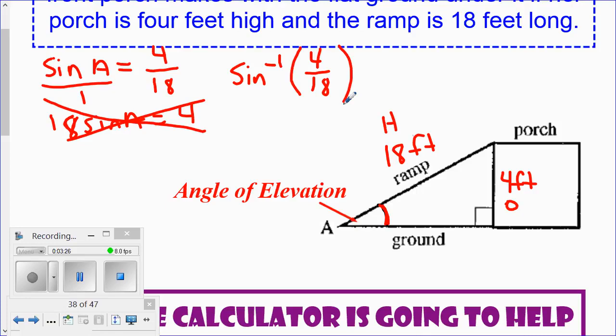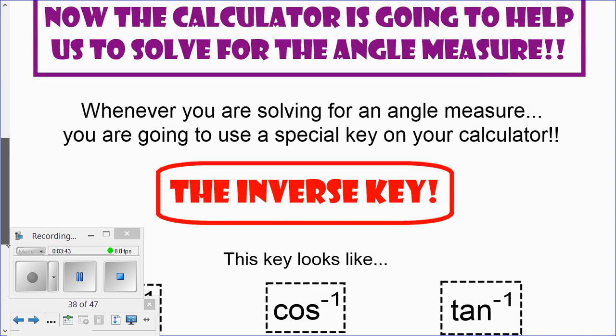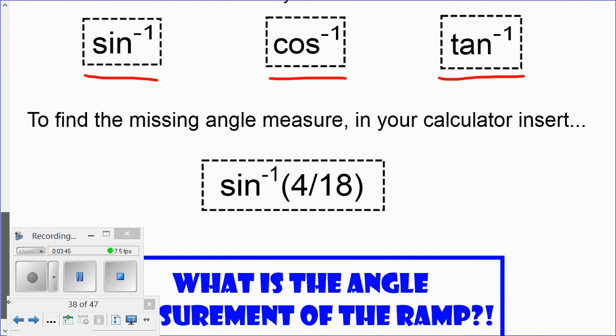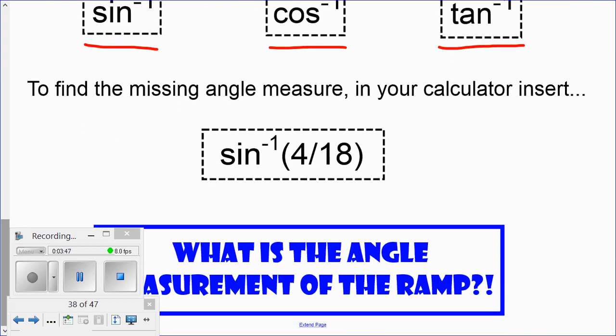So inverse sine of 4/18 will give me A. So that's how I'm going to find A. So when you're looking for an angle measure, you want to use the inverse sine in this case. So that's how I will find the angle of the ramp.